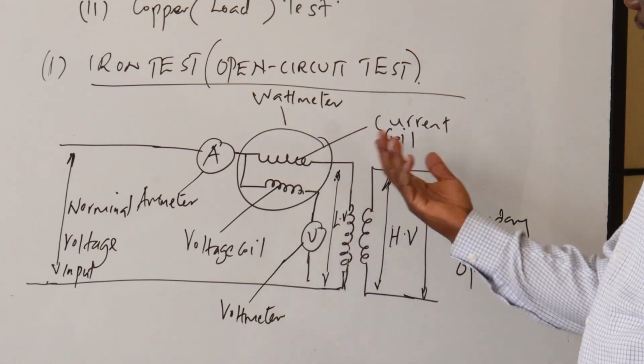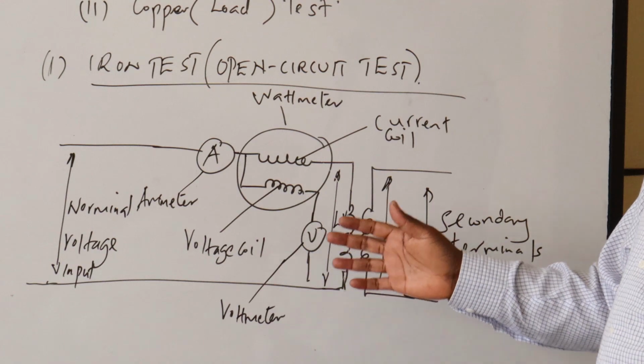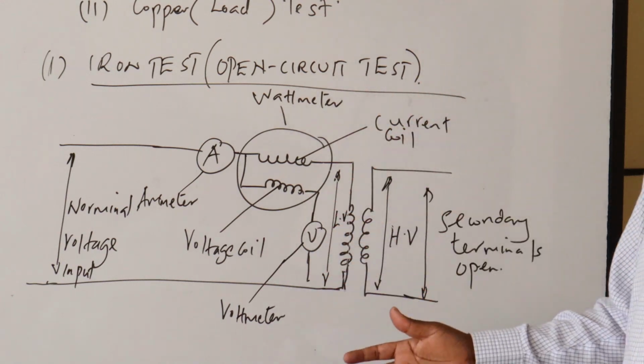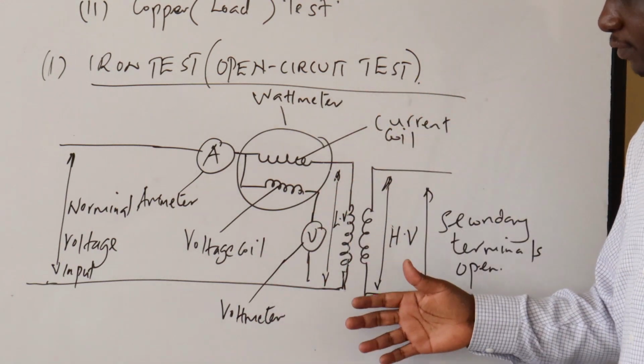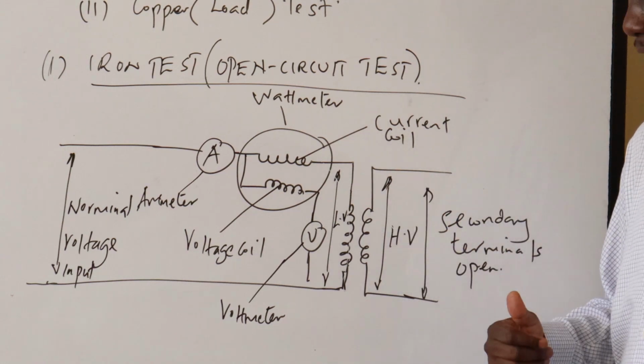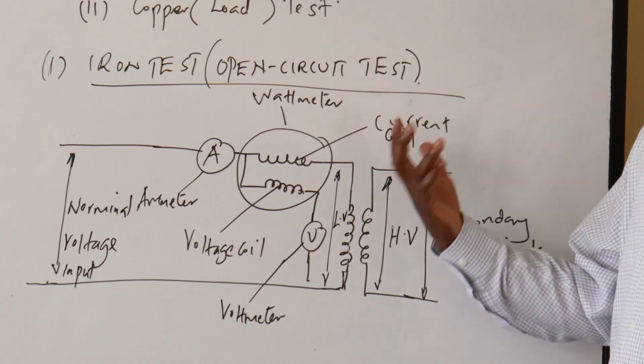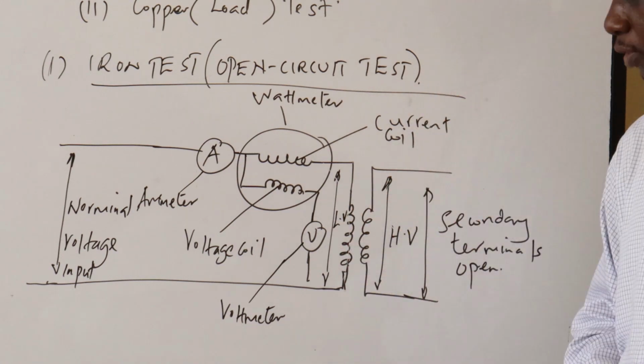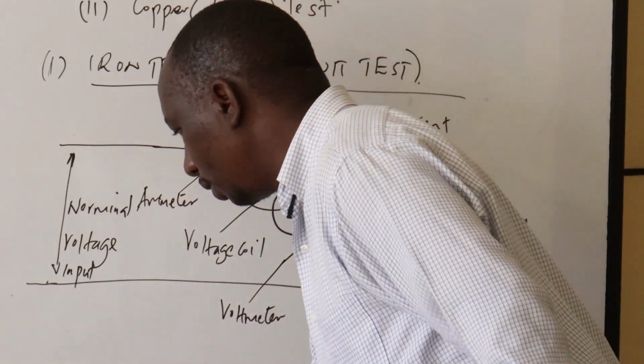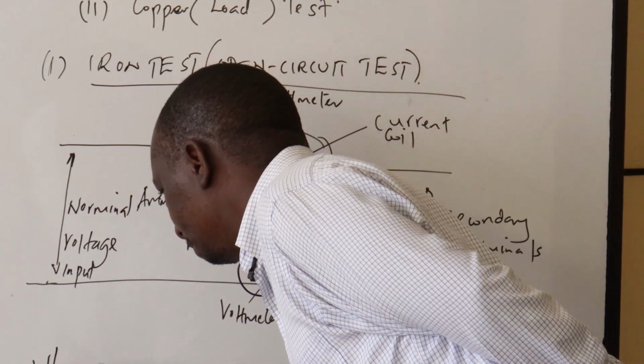After doing this, we shall also do the copper test, and we shall be able to observe the difference between the open circuit and the short circuit test. So we need to put this down.